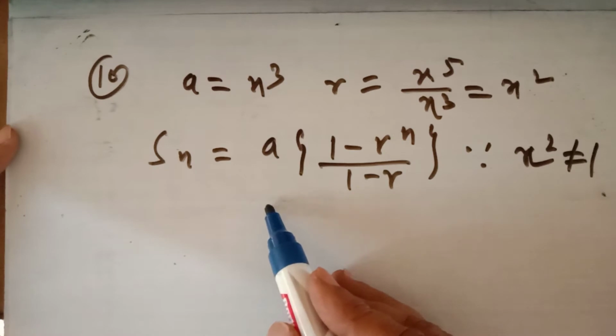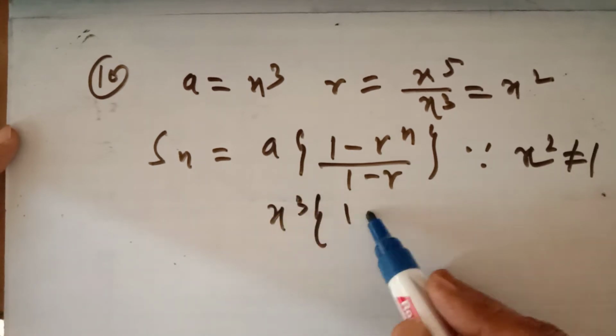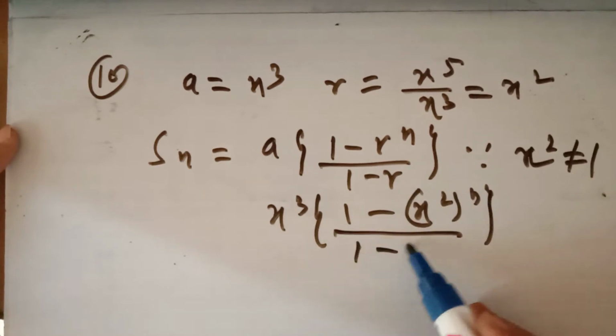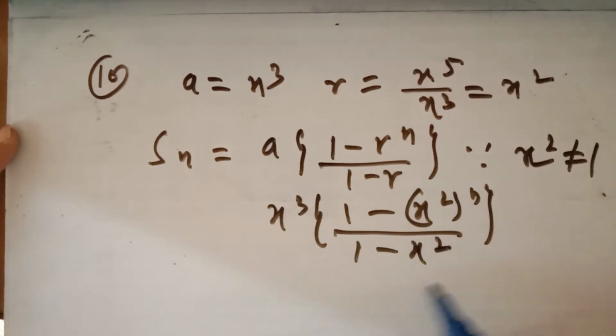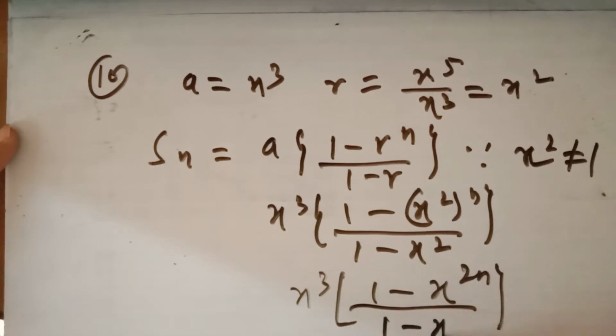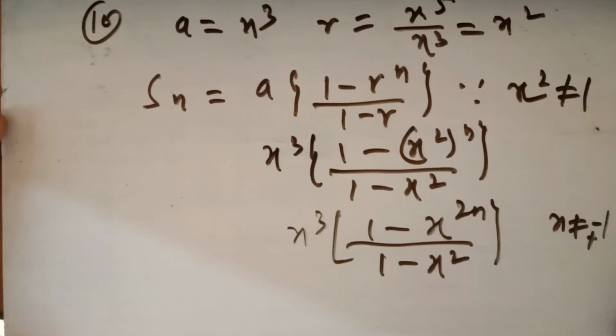So a is x cubed, (1 - (x squared)^n)/(1 - x squared). This is the sum of the first n terms. And it is given that x is not equal to minus 1 or plus 1, because x squared is not equal to 1. So this is question number 10.